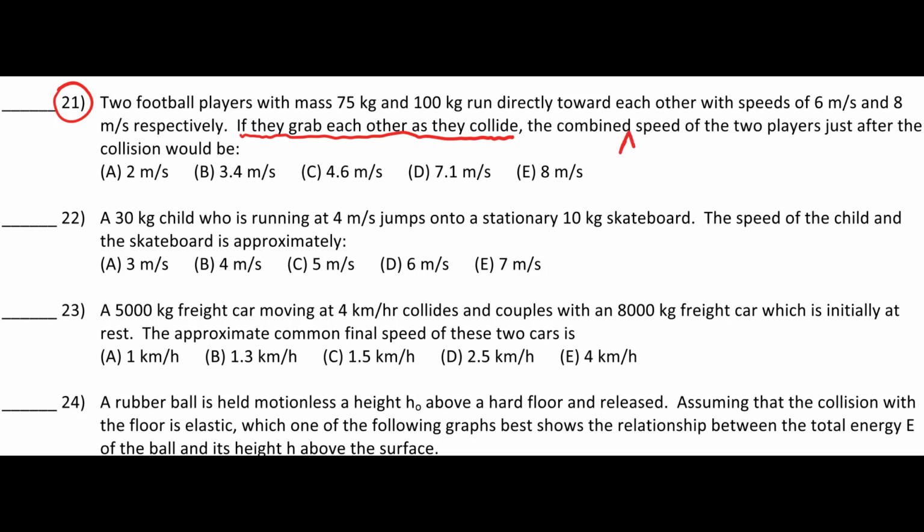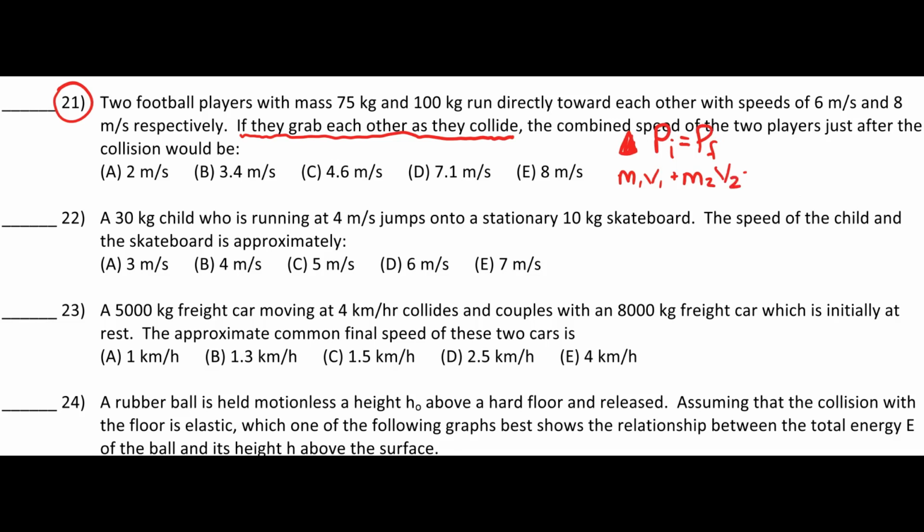We're going to make a momentum statement. Let's just write this as momentum initial in the system equals momentum final in the system. The momentum of the player on the left-hand side is going to be written as m1v1, and the player on the right-hand side is going to be written as m2v2.